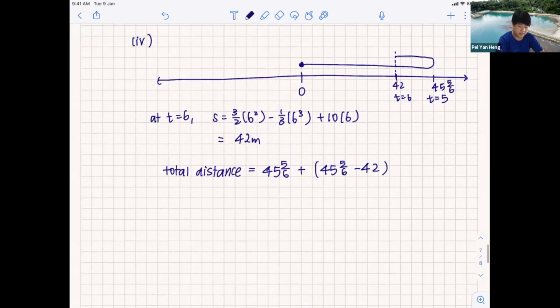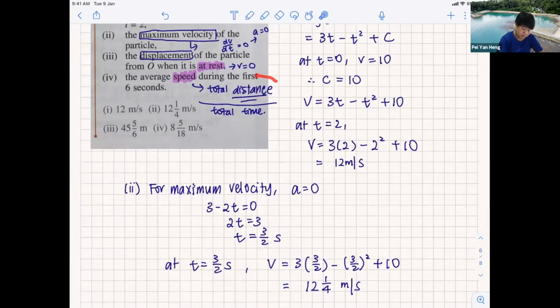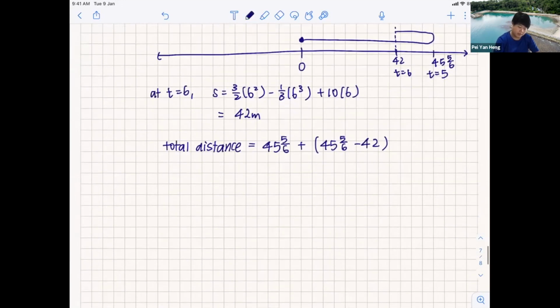We're not talking about total displacement. Here we are talking about total distance, because we are looking at speed. So please match the correct thing. You need the correct quantity.